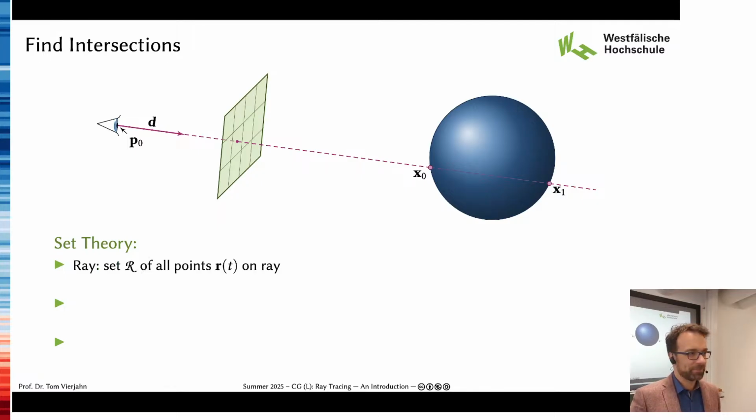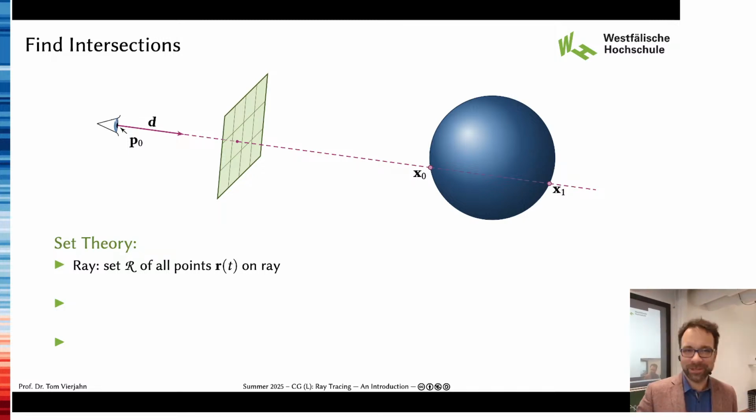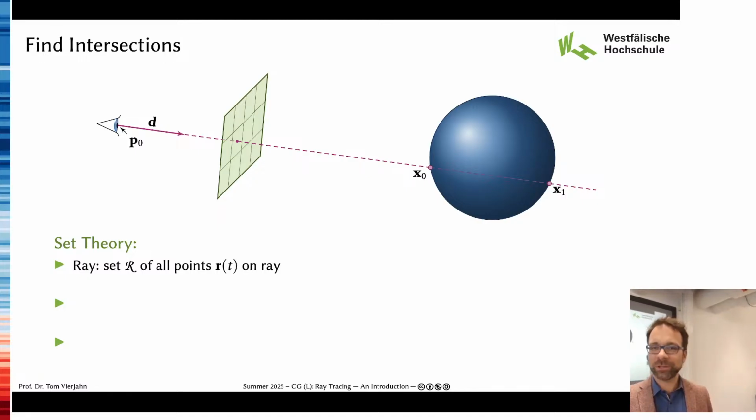A ray is a set, call it R, fancily written, of all points R of t on the ray. Okay, a bunch of points. What do we know of those points? We can write a formula for this set. You've seen it already. We've used it as a definition of the ray that was containing the line equation with this restriction. Yeah.